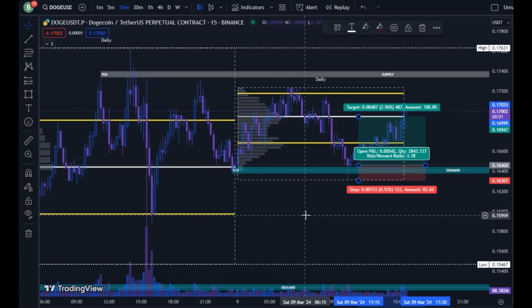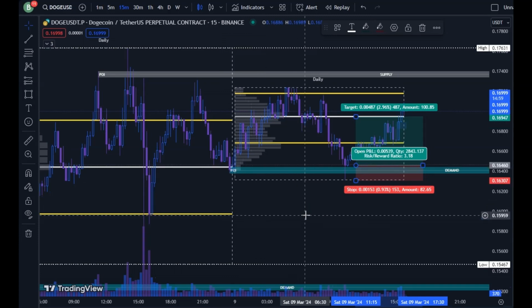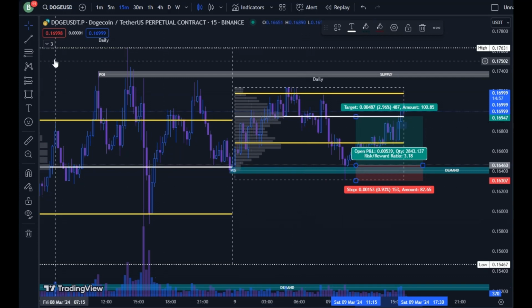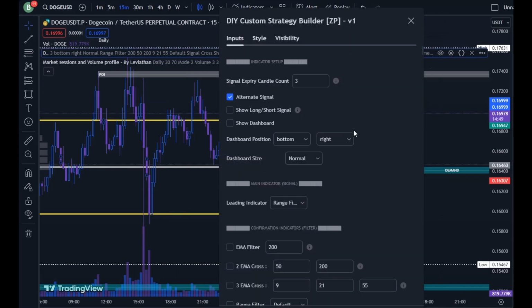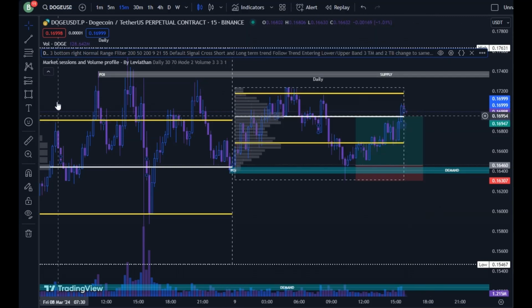For point of interest, I use an indicator called DIY. This is what I use. That's the indicator for my point of interest: DIY Custom Strategy Builder. And then market sessions and volume profile right there.